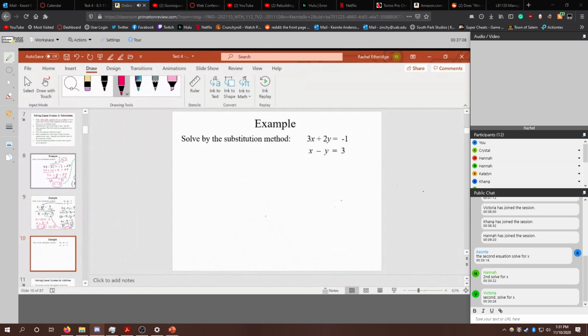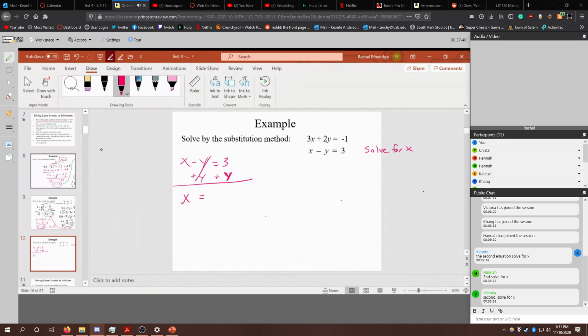Okay, so using substitution, I have an x and a y. Both of them have a coefficient of 1, but the y is negative. So I still think it's easier to solve the second equation for x. So I would take x minus y equals 3, and I would add y to both sides.